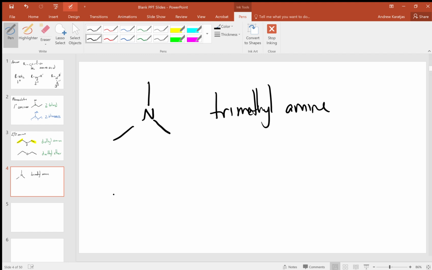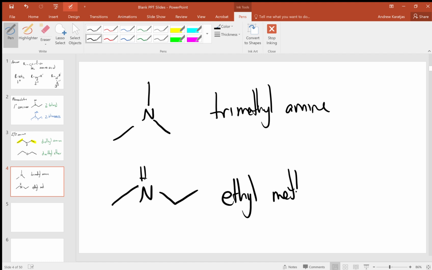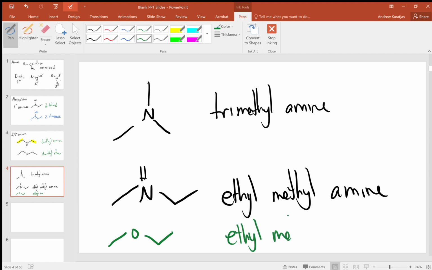And we can do this for amines that don't have all the substituents the same. So this one has an ethyl and a methyl. So we call it ethyl methyl amine. Again, this is very, very similar to what we learned for ethers. If that was an oxygen in the middle, then we would have called it ethyl methyl ether.